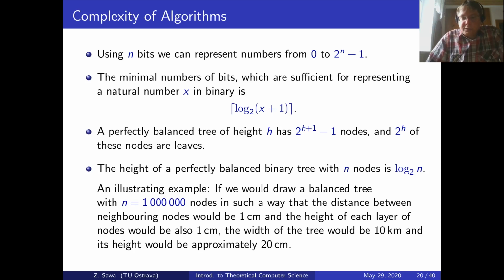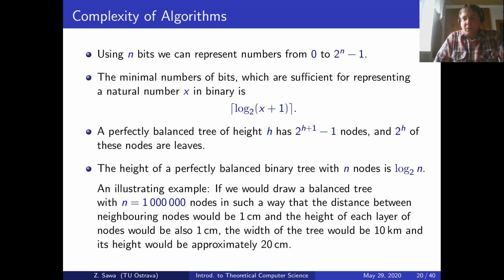So let's consider a balanced tree where we would have 1 million nodes as leaves. So a tree with approximately 1 million nodes. If you remember, the height would be a logarithm, so it would be about 20, approximately.